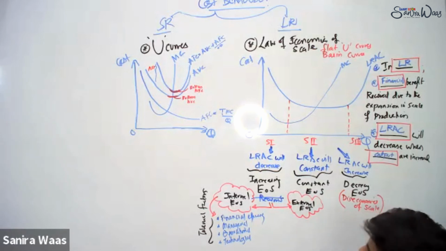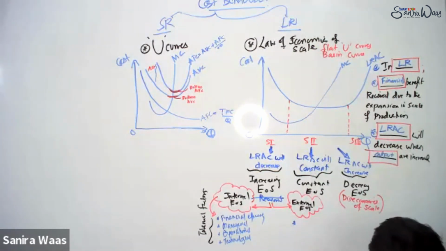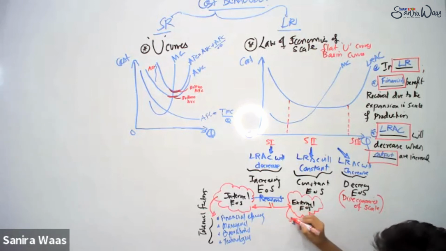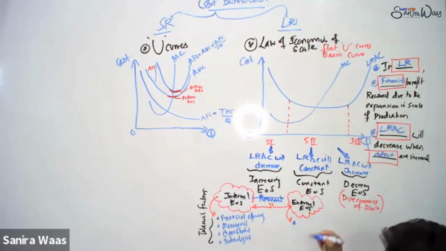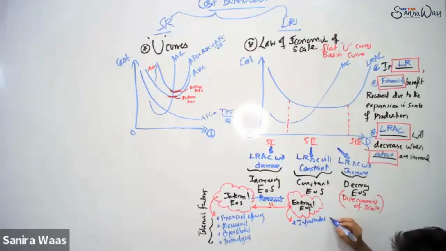Now tell me, what are the external economies of scale? Reasons. What are the external things? We have the infrastructure, right? Infrastructure developments. What more?